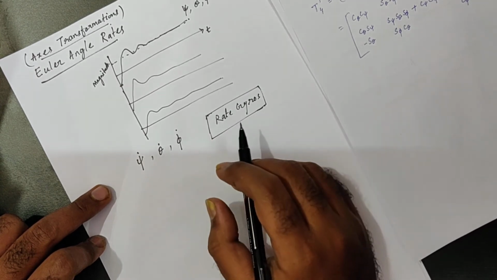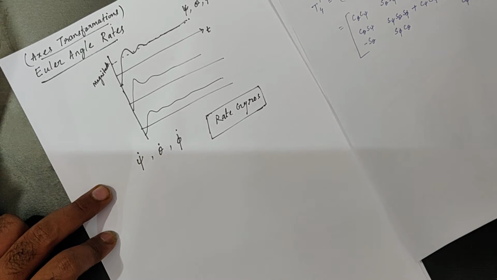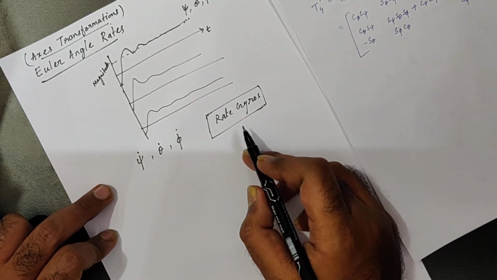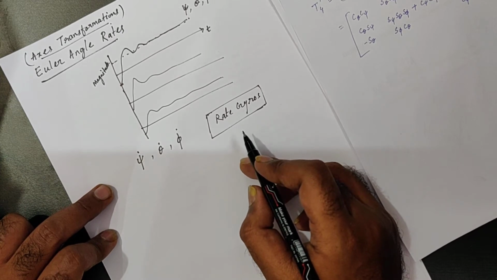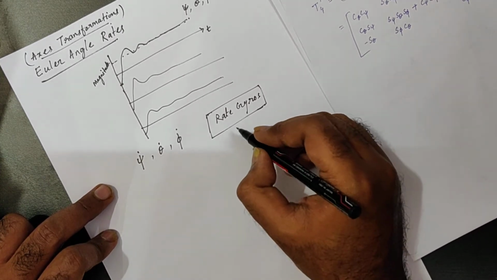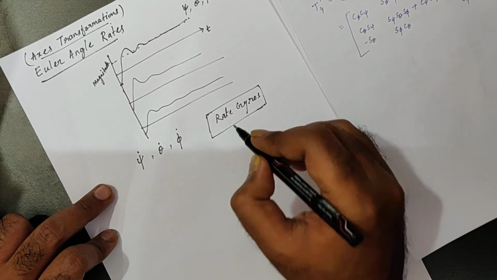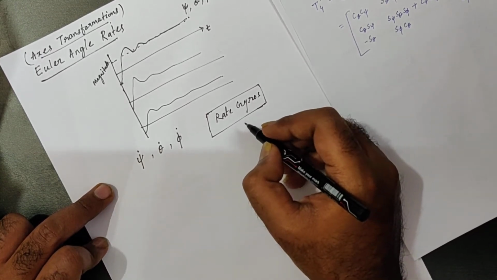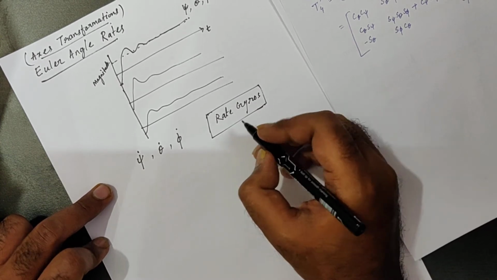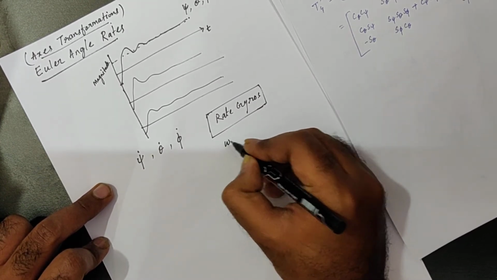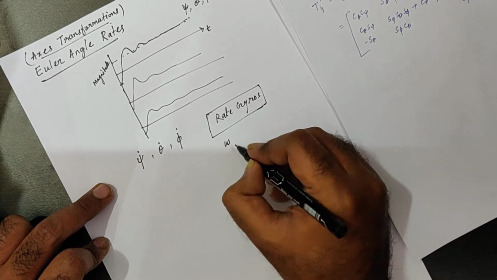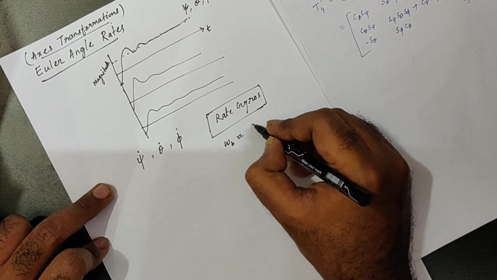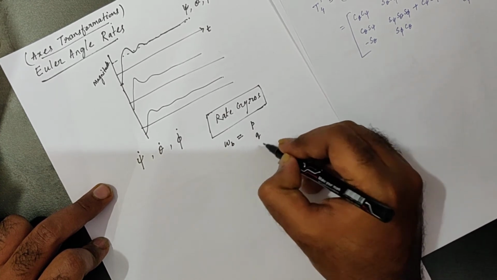So these rate gyros give us the angular velocities of the vehicle in its body coordinate system. Suppose we write it as omega b, then it is like p, q and r.